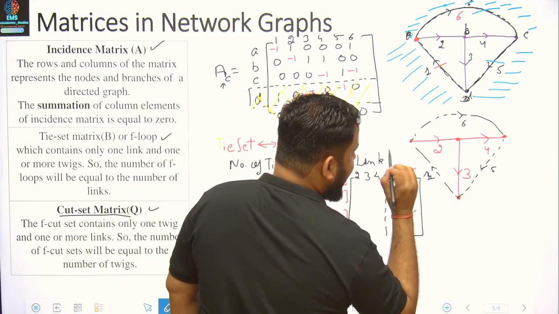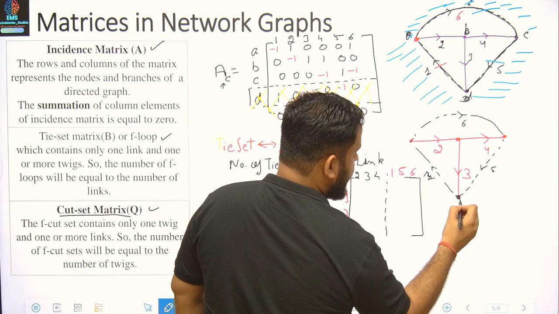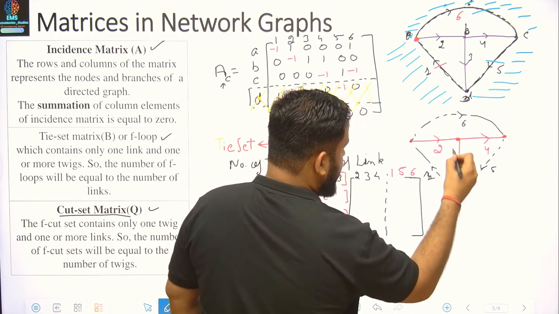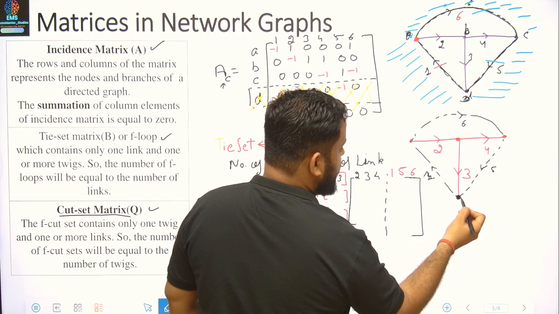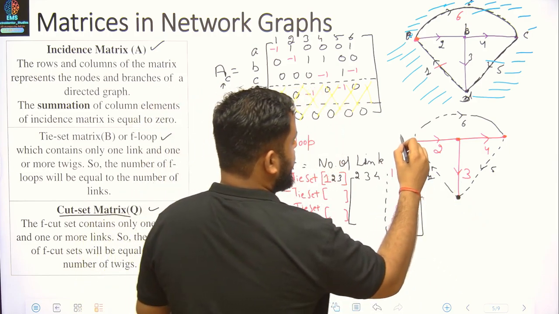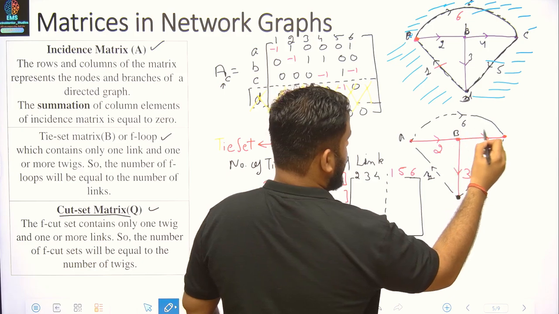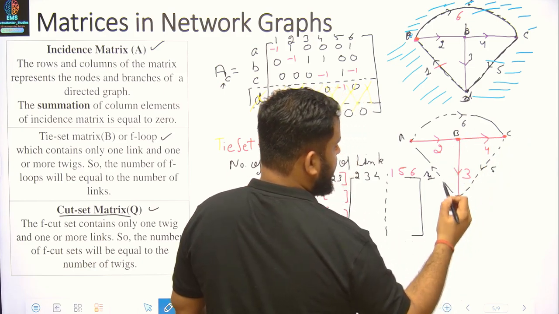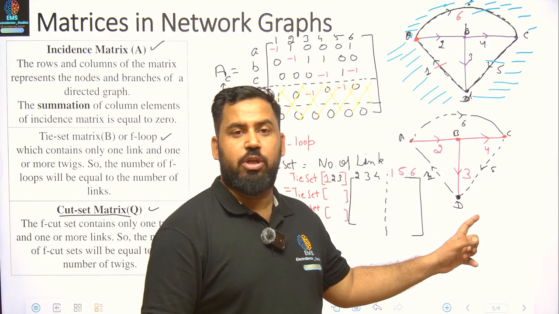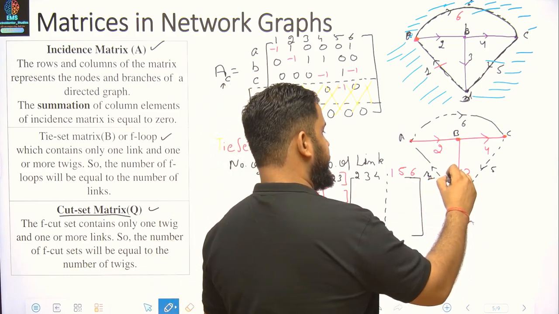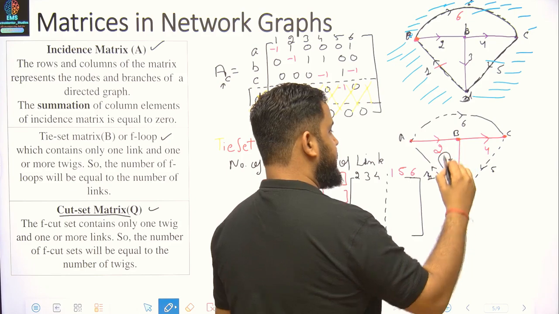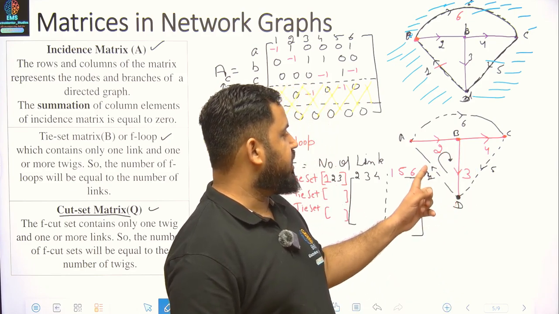Take any node. For this particular tie set, I'm considering this node. We have A, B, C, D. Consider this node and start moving in this direction. This becomes my loop.